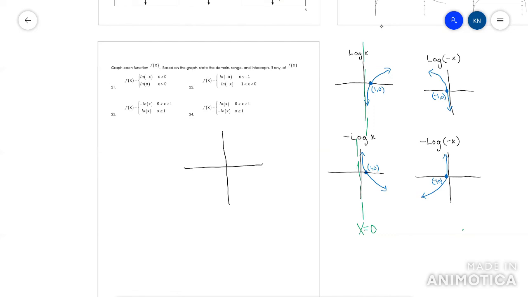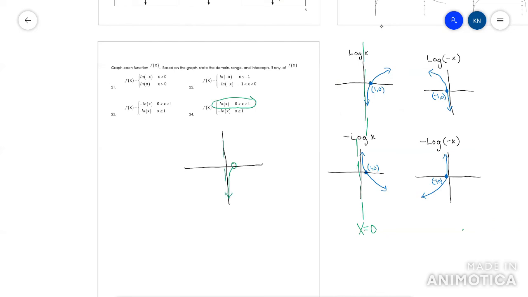All right. It's just regular old ln from 0 to 1. So it takes this right here from 0 to 1. So it's really just this part right here. So it looks like this. And it's an open circle there.